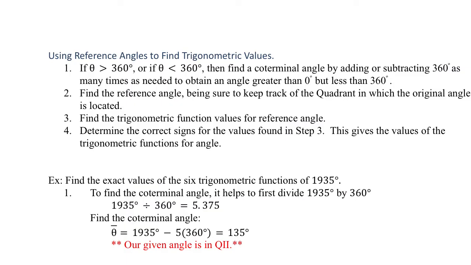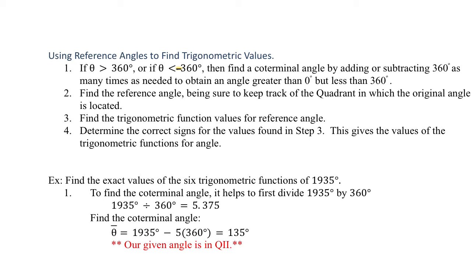Being able to find the reference angle is going to really help us with applications. If you have an angle that's really big, like something larger than 360, or a negative angle that's smaller than negative 360, then here's what we're going to do.